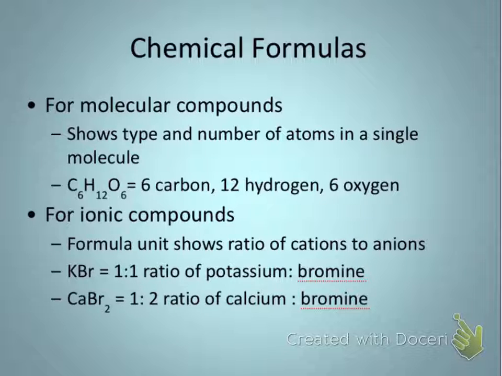So for molecular compounds, the formula actually shows the exact number of atoms of each type. It's really convenient because it gives us what's in a molecule. For ionic compounds, okay, are ionic compounds sharing? Heck no! Sharing is so overrated. Sharing's for molecular compounds.